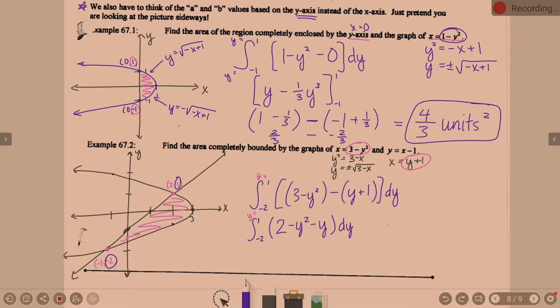You ready to integrate? Integral of 2 is 2y, minus integral of y squared, one-third y cubed, minus the integral of y, 1/2 y squared, evaluated from -2 to 1.